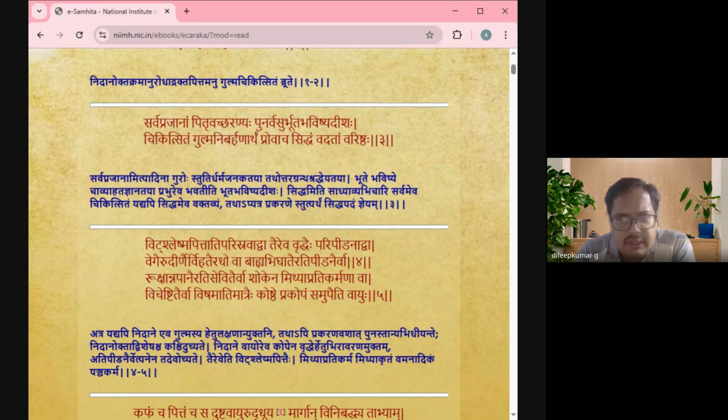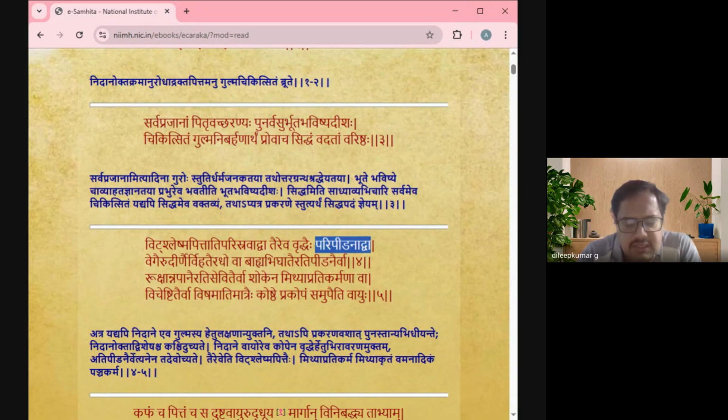Tair eva vruddhehi paripidanadva. If there are any compressions or pressure symptoms, after intake of food the person goes for jumping, jogging, cycling, or any travel, etc. So all this will give compression, congestion over the GIT tract. That is paripidanatva. Vegair udiraner hater adova.